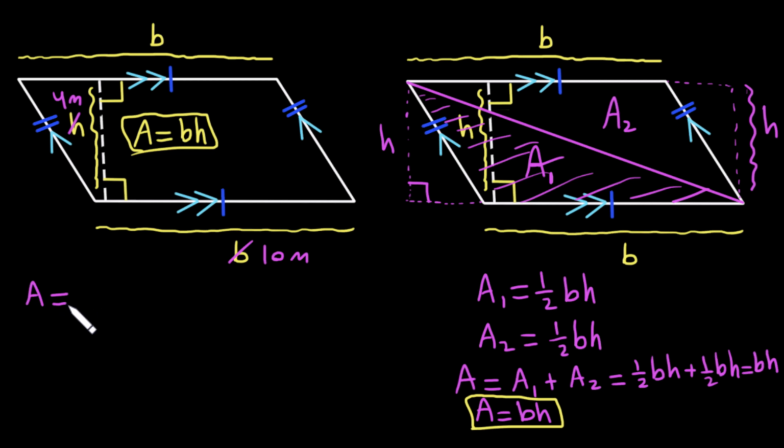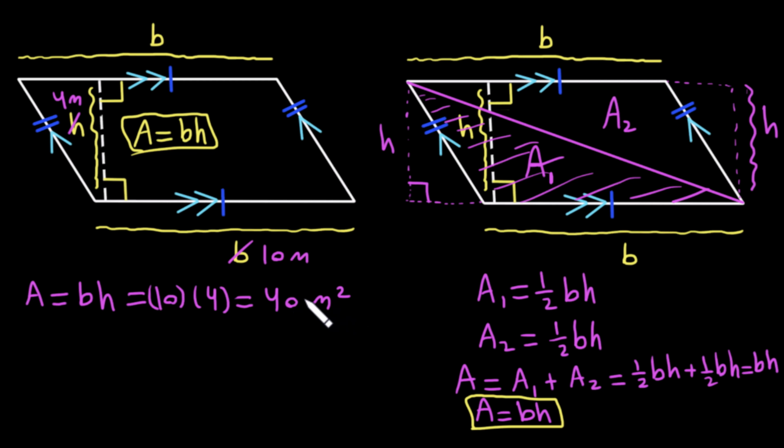A equals B multiplied by height, which is 10 multiplied by 4, which is 40 square meters. So we found the area of this parallelogram with a base of 10 meters and a height of 4 meters, which is 40 square meters.